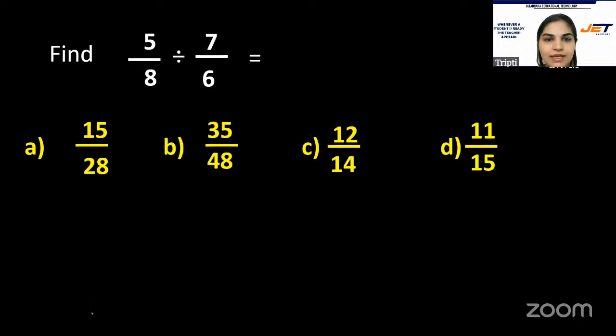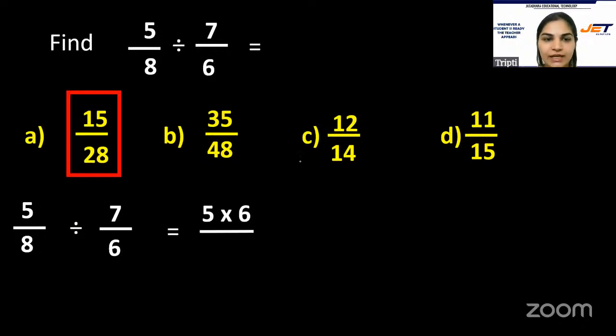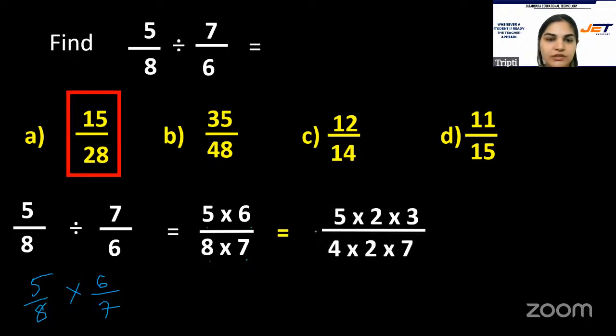Again, super easy. 5 by 8 divided by 7 by 6 will be like 5 by 8. And then the reciprocal, sign change, reciprocal of 7 by 6 will be written as 6 by 7. That's what we have done. 5 by 8, 6 by 7. So 5 times 6, 8 times 7. This will give you 15 by 28. The answer is 15 by 28.